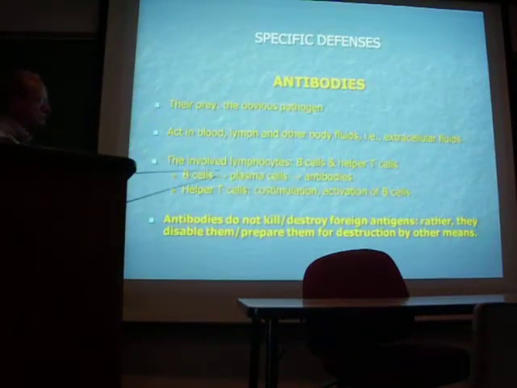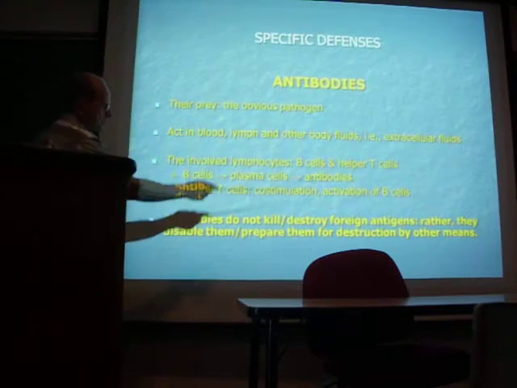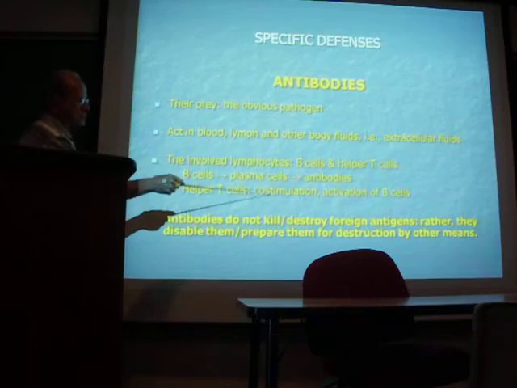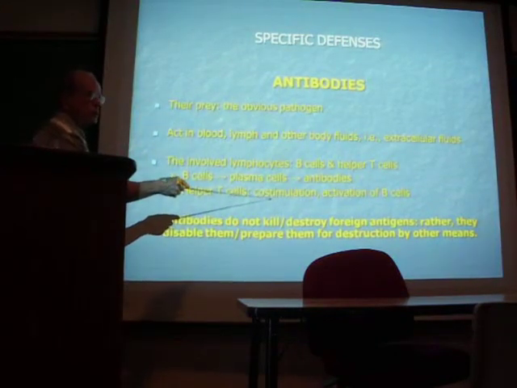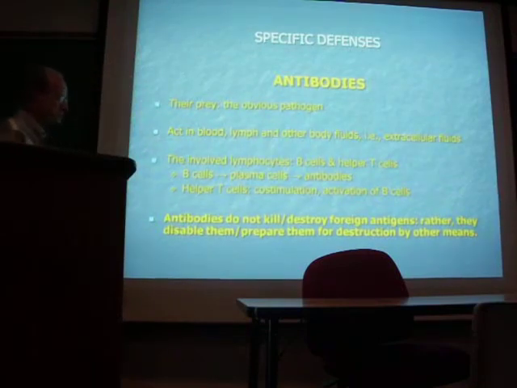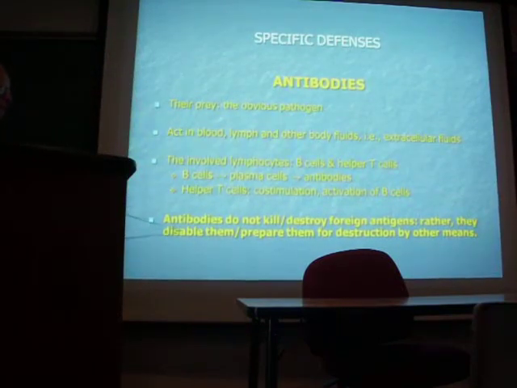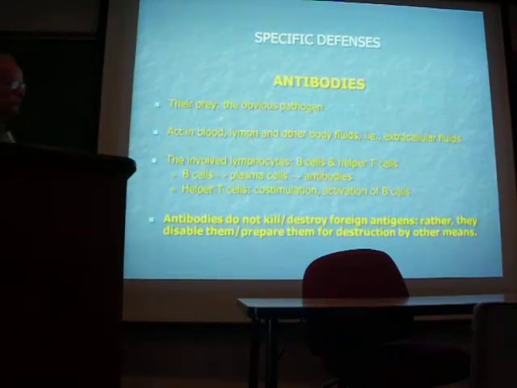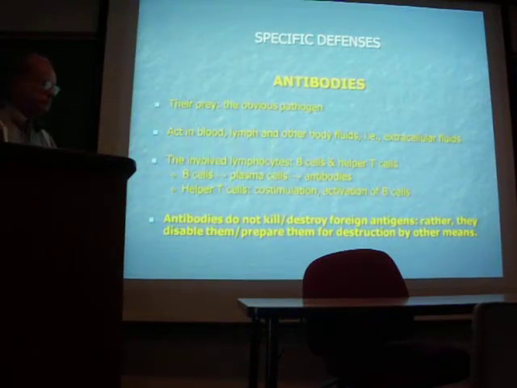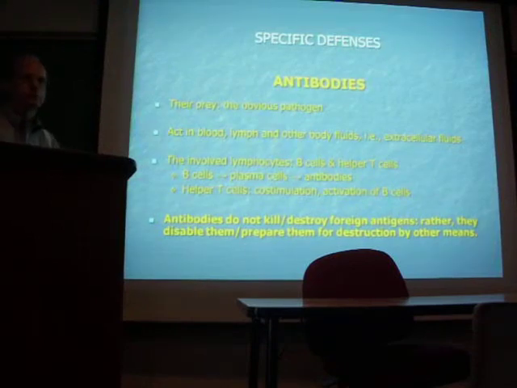So the B cells produce the plasma cells, which produce the antibodies. The helper T cells are necessary for co-stimulation, give them the okay to be activated. That's what they do. So again, antibodies do not kill or destroy foreign antigens, rather they disable them or prepare them for destruction by other means.